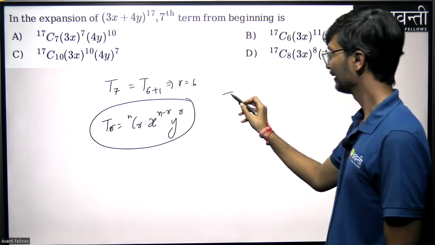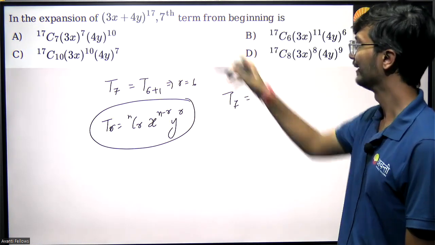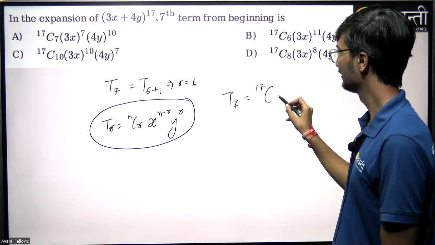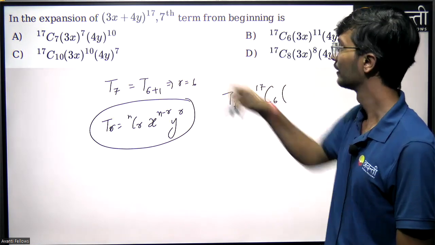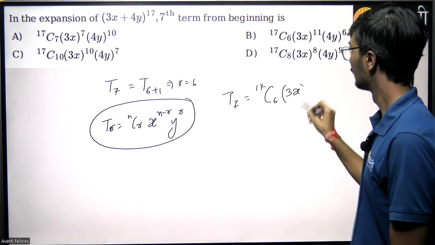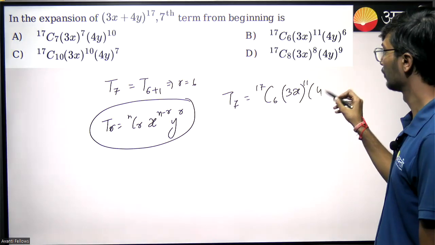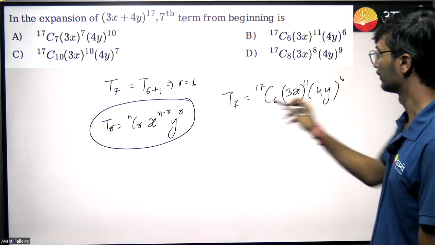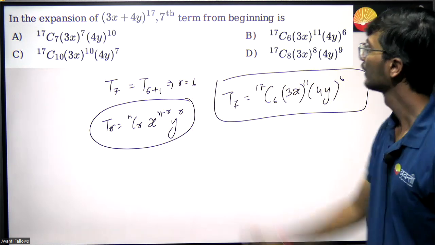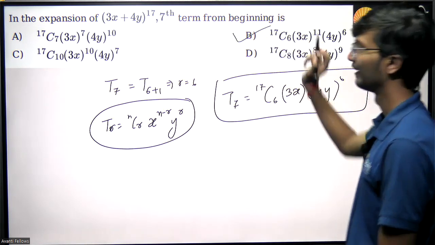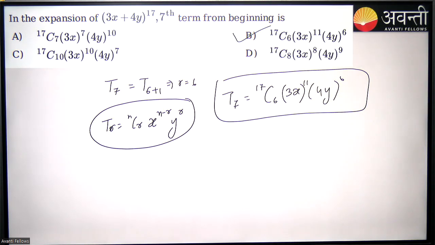So here T7 will be, n is 17, so 17C6 times 3x raised to the power 17 minus 6, that is 11, and 4y raised to the power 6. So this is my answer. I think 17C6 is only one here. Yeah, it is option number B.